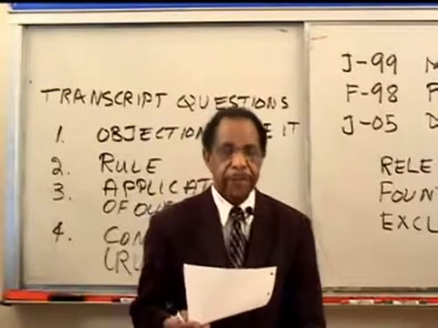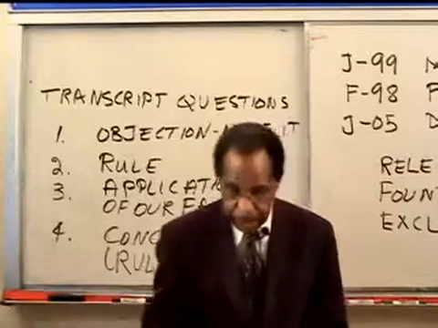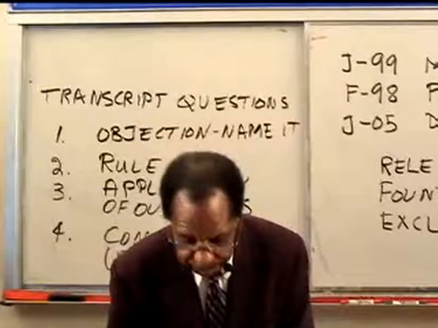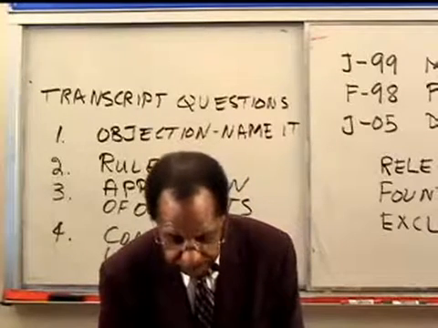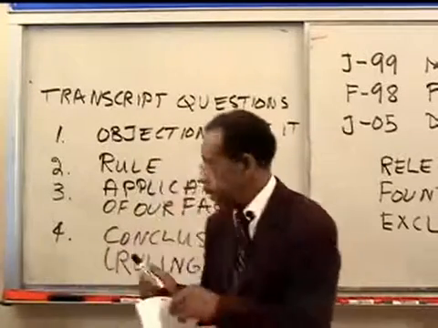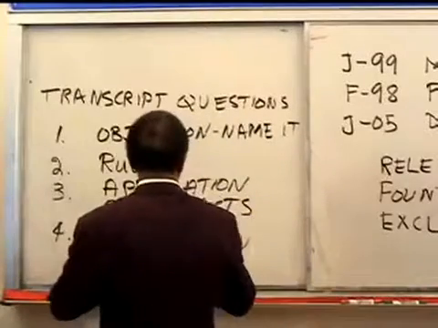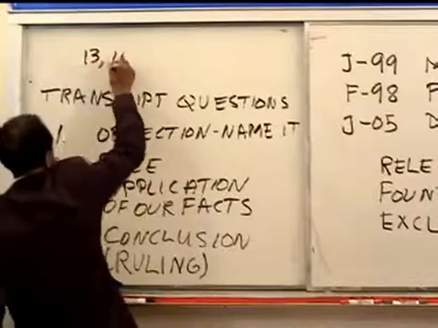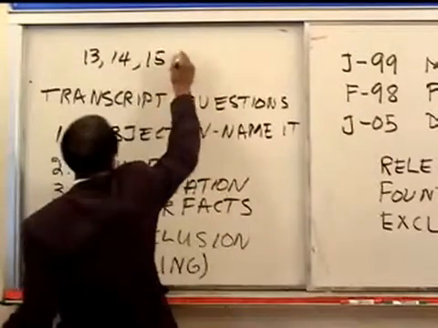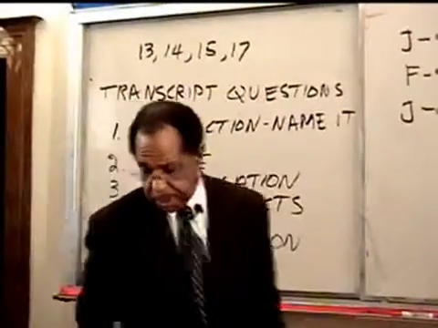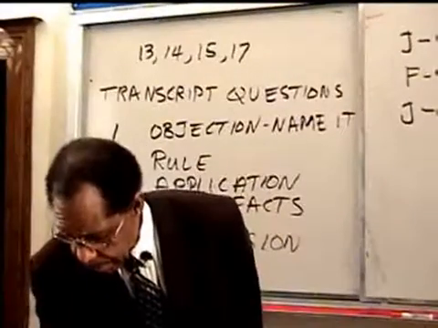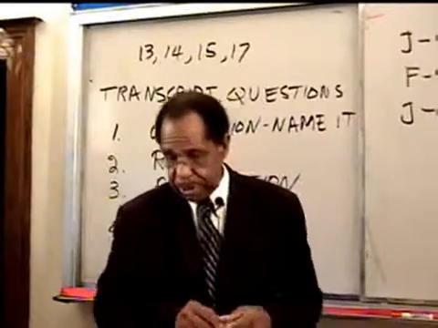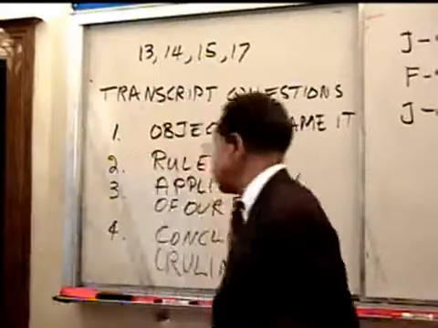Number one, June 5th, and they asked us to comment on the evidence offered at items 13, 14, 15, and 17. They asked us to comment there and answer the question that they asked, but this is the style which you use to do that.